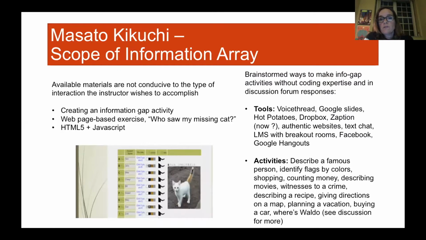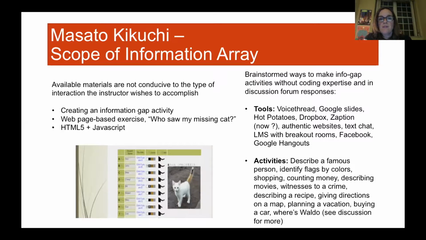So for those of you with coding skills, that's an excellent example of how to create that type of information gap activity where students are not just reading directly all from the same text or don't have all the same pieces of information, but that gap exists so that they have to interact with each other in order to get the missing information. And this specific activity he came up with was, who has seen my missing cat?